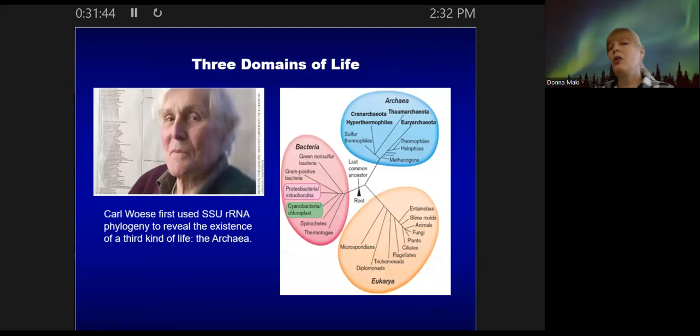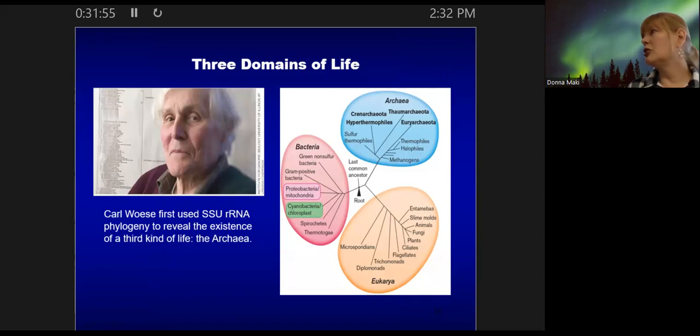So microbes are everywhere. Initially, when I was first taking microbiology, there were just two domains of life that microbes were classified into. And now they say, no, really, there's three. And it's because of Dr. Woese that we now say there's three domains of life.